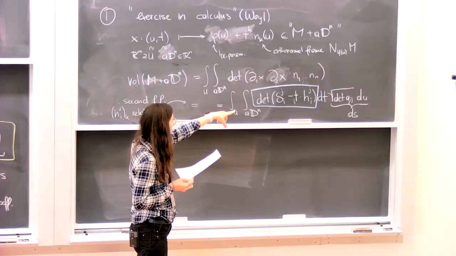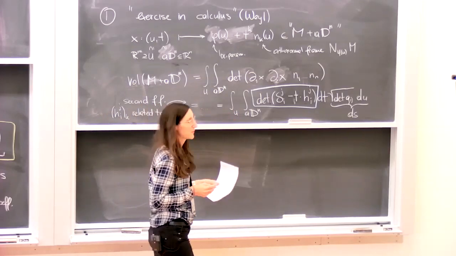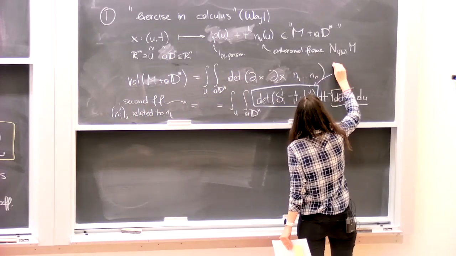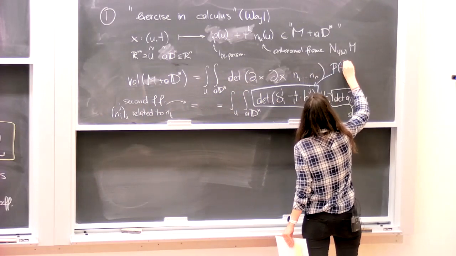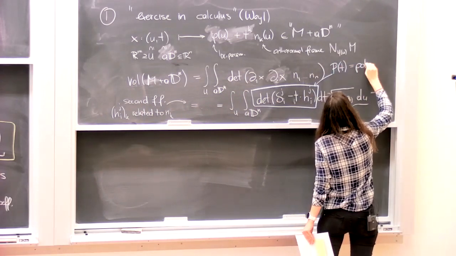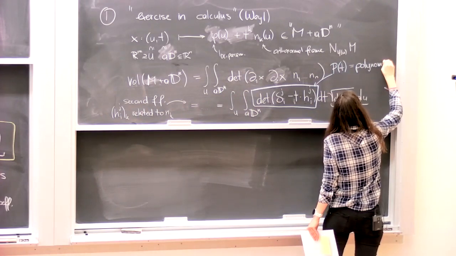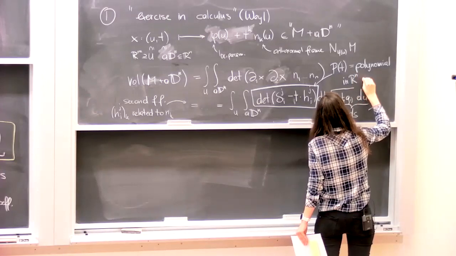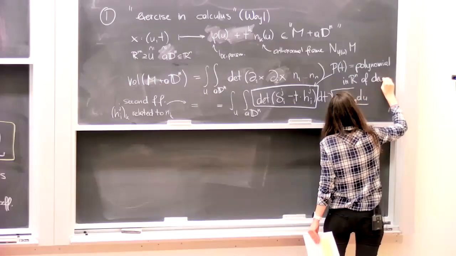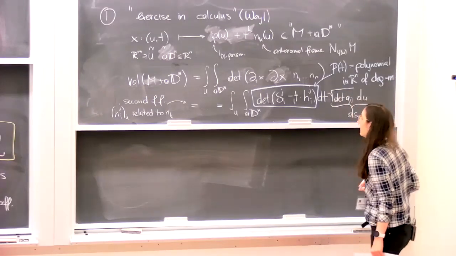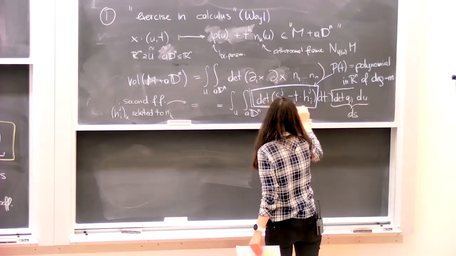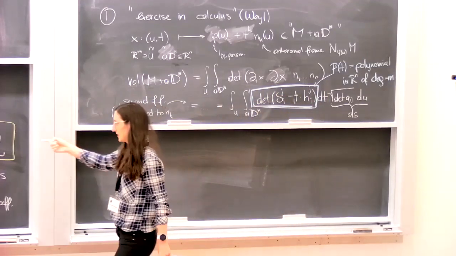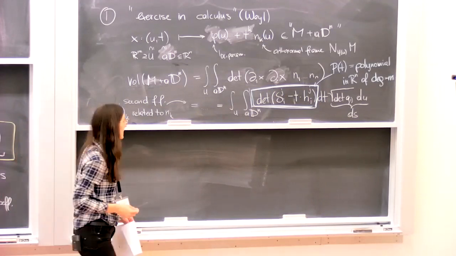And so this is a polynomial in t, of degree 2, of degree m in general. I called it p of t, a polynomial in Rn of degree m. And this is crucial; in a sense it is related to why you get a polynomial here, okay?